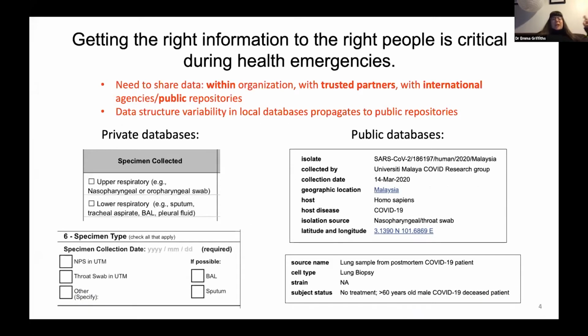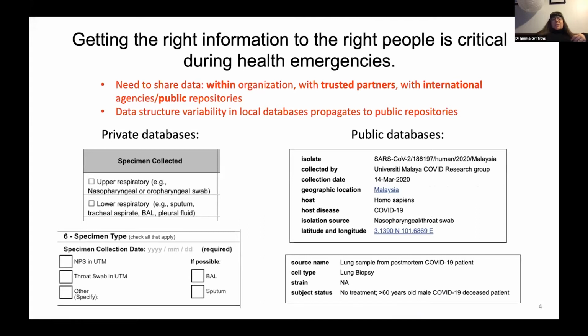So in any public health emergency, especially a pandemic, getting the right information to the right people is absolutely critical. And that can involve sharing information between groups within an organization, but it can also mean sharing data with trusted partners outside of your organization or with international agencies or with public repositories.